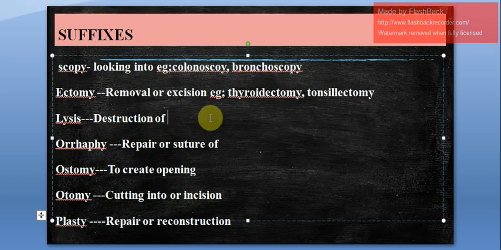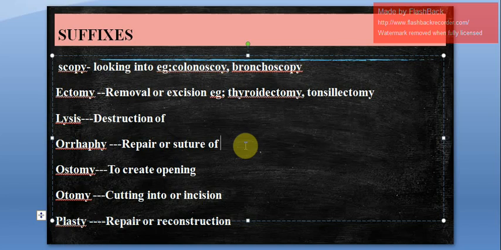Next is lysis. Lysis means destruction. Next one we have is orraphy. Orraphy means repair or suture.